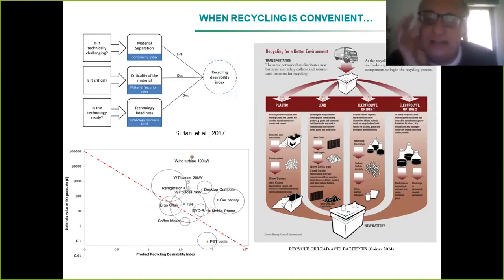So you know how to make car batteries since more than a century. It's not difficult to fabricate a new lead acid battery. In other cases, it might not be the case. In some cases, you do not have the technology which is ready to separate all the different materials, to disassemble them, as happens in most cases.